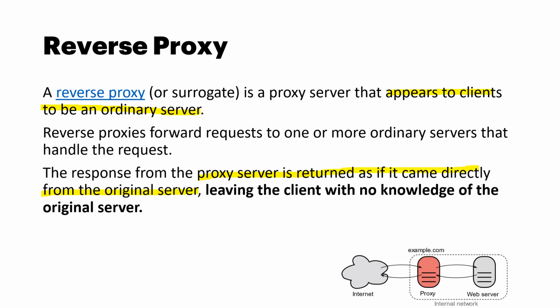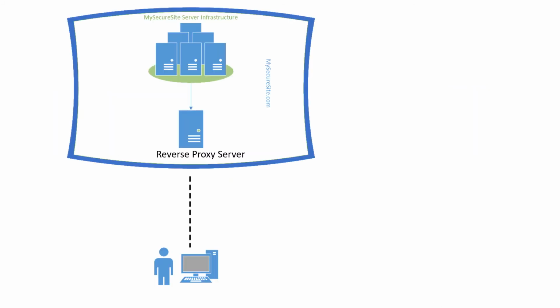So let's see an example again. We are able to see the internal infrastructure of some website, let's say facebook.com or mysecuresite.com. What we intend to do here is not highlight our internal network infrastructure, like what kind of hosting we are using, which DB we are using, which web server we are using, the physical box basically.